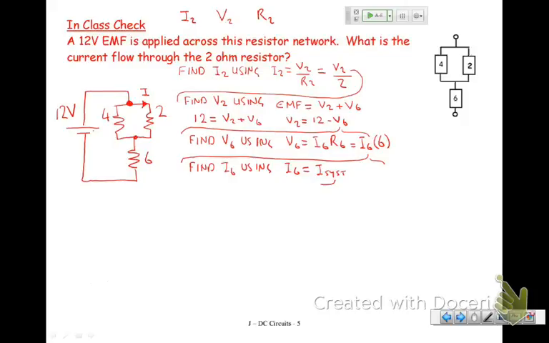And now I'm looking at that, and I go, I system is equal to V system over R system. And I know my V system is 12 over R system. Still not there, but I'm getting ever closer.